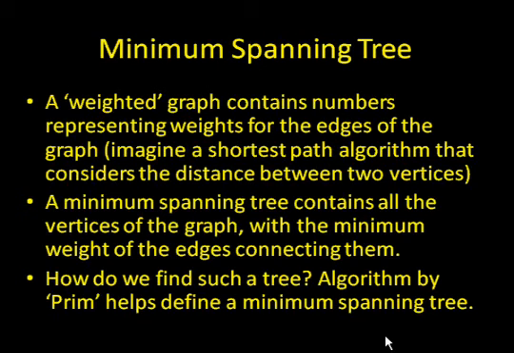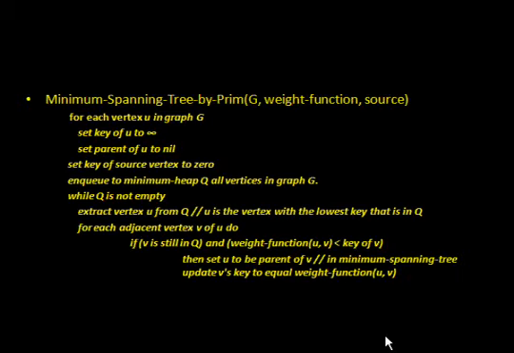A minimum spanning tree contains all the vertices of a graph, with the minimum weight of the edges connecting them. How would we find such a tree? Well, there's an algorithm by a man named Prim, who helped define a minimum spanning tree. And here it is.